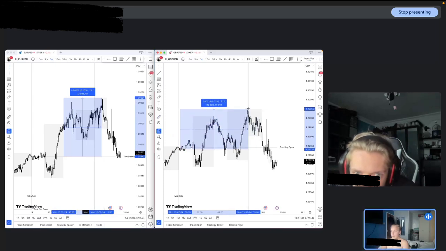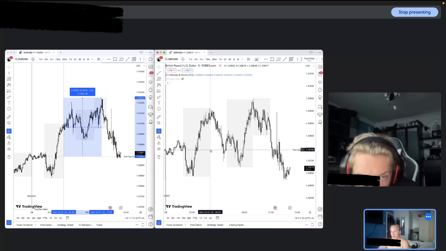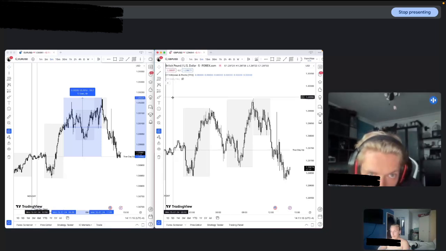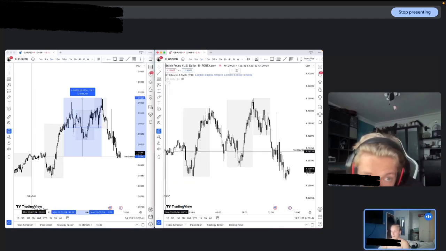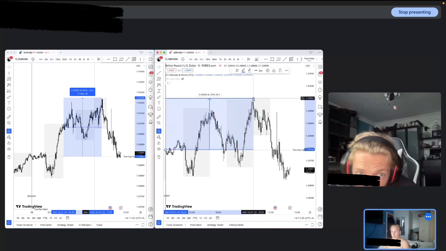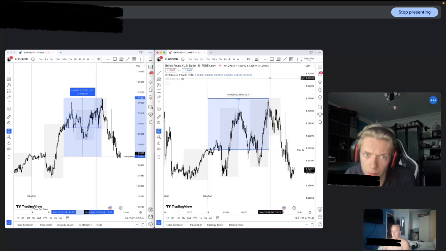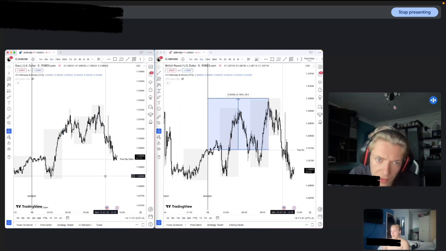You'd have had about 20, but what chart would you rather trade? EUR/USD. Which one looks cleaner? There we go, price range, so you can put it exactly on here. Which one looks way cleaner? GBP/USD.